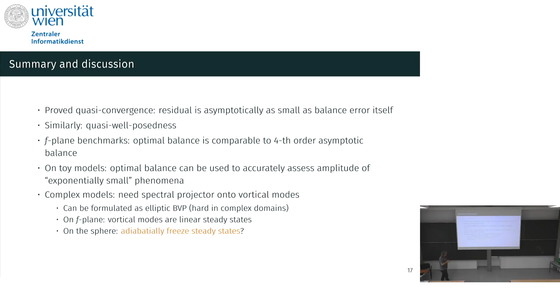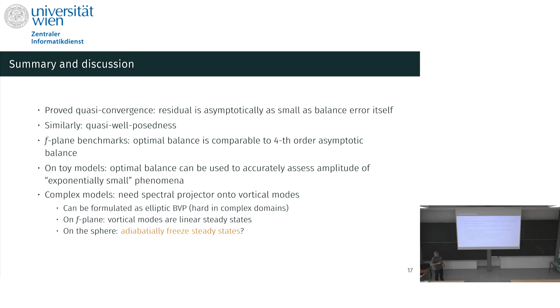So what we are thinking about right now, let's start from the bottom here: what do we do with optimal balance with complex models? If we don't have contour advection where things are clear, and we don't have a nice spectral picture that we can explicitly compute at the linear end, with the exact separation into vortical modes and gravity wave modes. Something we found over the years is that this separation can be reformulated as an elliptic boundary value problem, not in time, but elliptic.